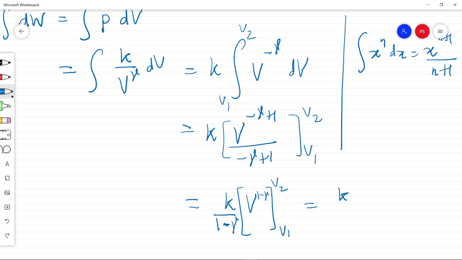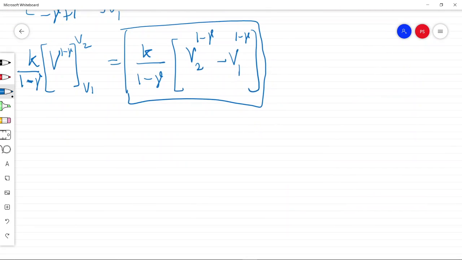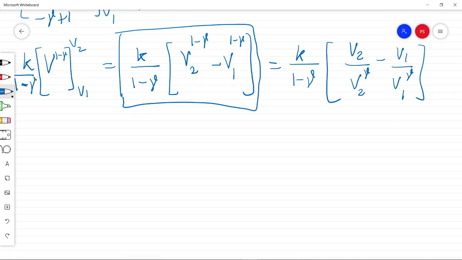So this is just equal to K upon 1 minus gamma, V2 raised to 1 minus gamma minus V1 raised to 1 minus gamma. So anyway, we have derived the relation, but let us just try to simplify it further. This can be written as K upon 1 minus gamma into V2 upon V2 raised to gamma minus V1 upon V1 raised to gamma. This V2 raised to minus gamma is nothing but 1 upon V2 raised to gamma, right?